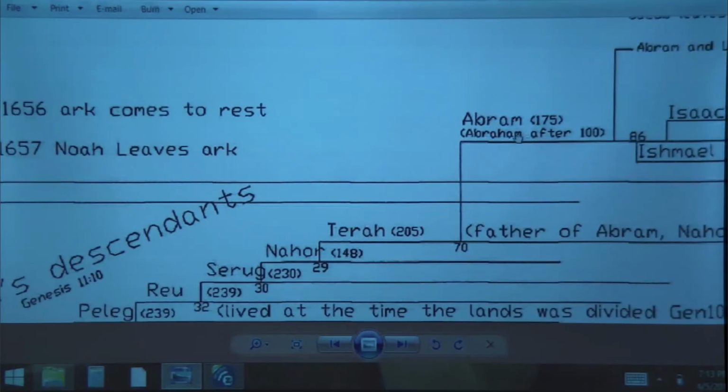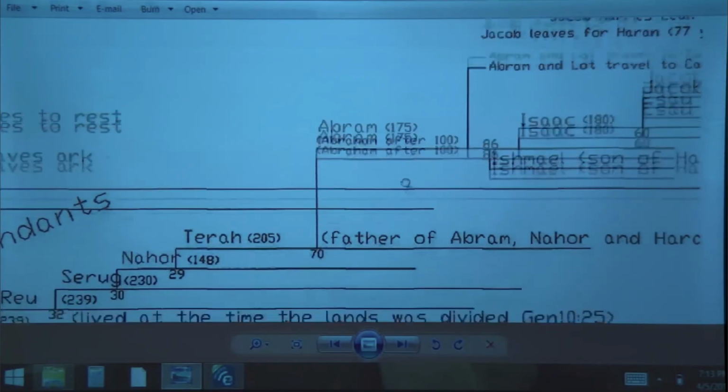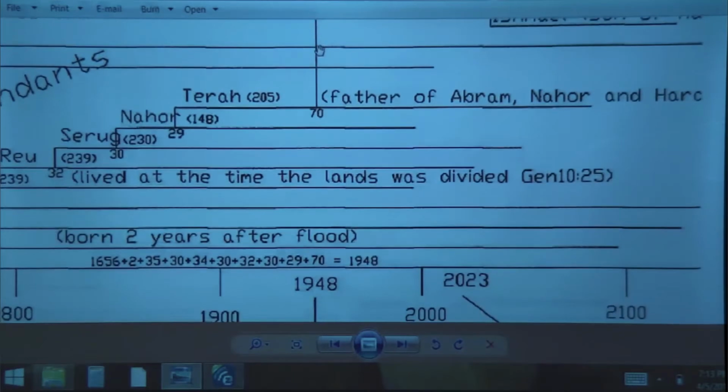Okay, Abraham, remember he was called, God called him, he was living in the land of Ur, and God called him to go to a land that he had created for him, a promised land. He was 75 years old, and God called him to go to the promised land that he had created for him. That was the year 2023.